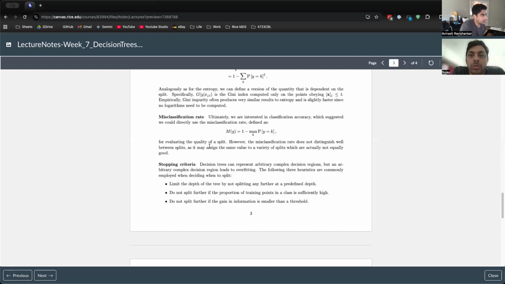That is what we are trying to improve at any point. It's not distinguishable between splits, as it may assign the same value to a variety of splits which are actually different. So that's why this is not directly used.